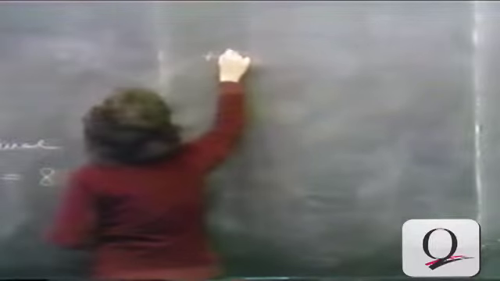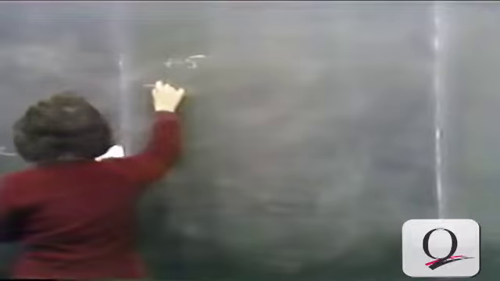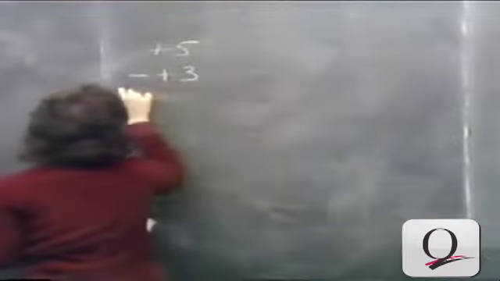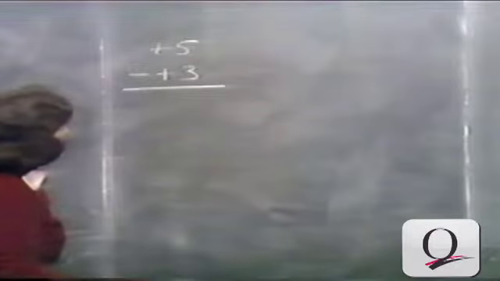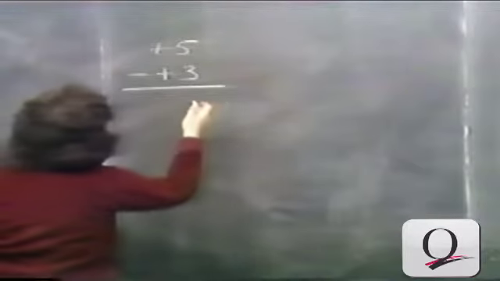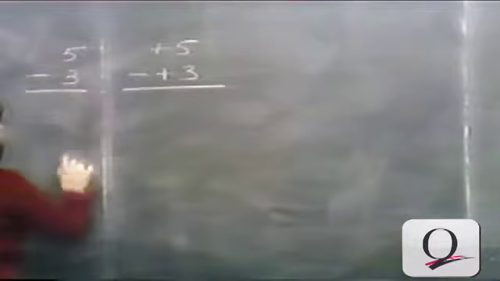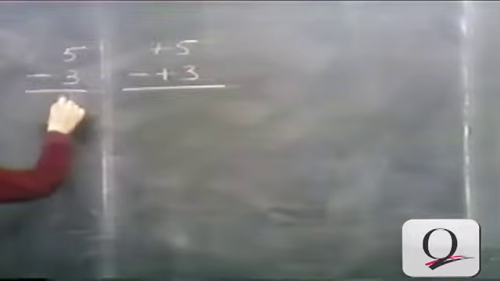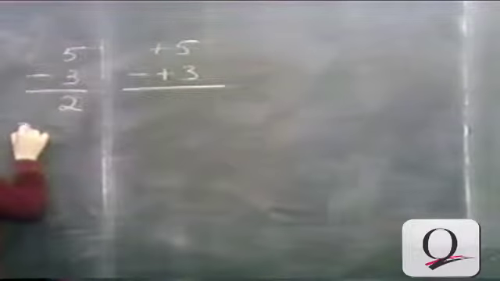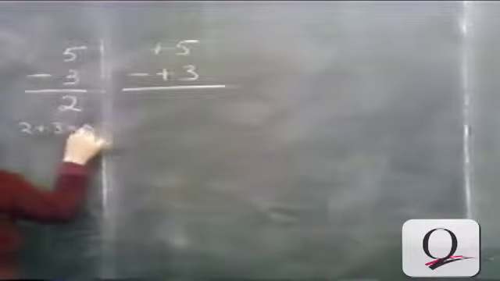Plus 5 take away a plus 3 is the simplest problem we will start with, because this is really just 5 minus 3. 5 minus 3, of course, we know is 2, since 2 plus 3 equals 5.